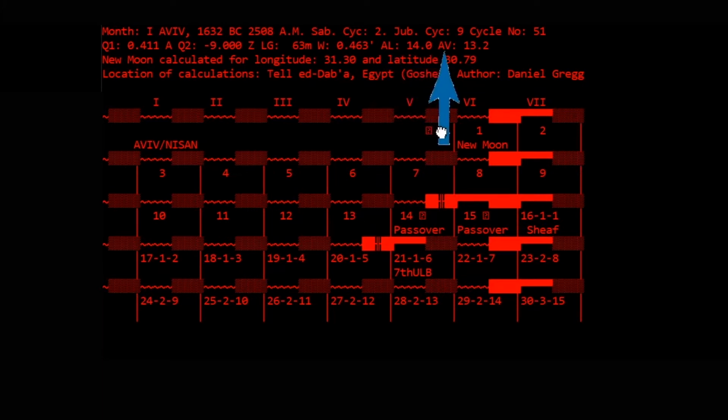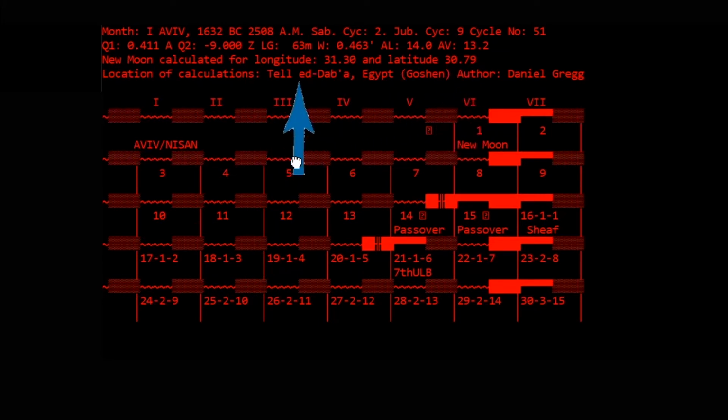And arc of vision is the altitude difference between the sun and the moon at the moment of visibility, 13.2 degrees. The new moon is calculated for the longitude of 31.30 degrees and a latitude of 30.79 degrees.